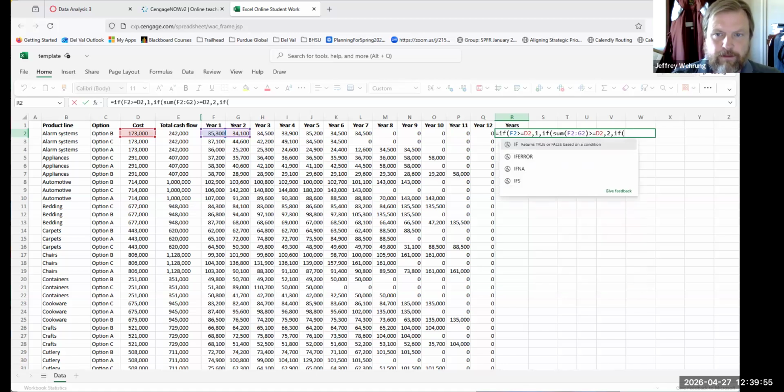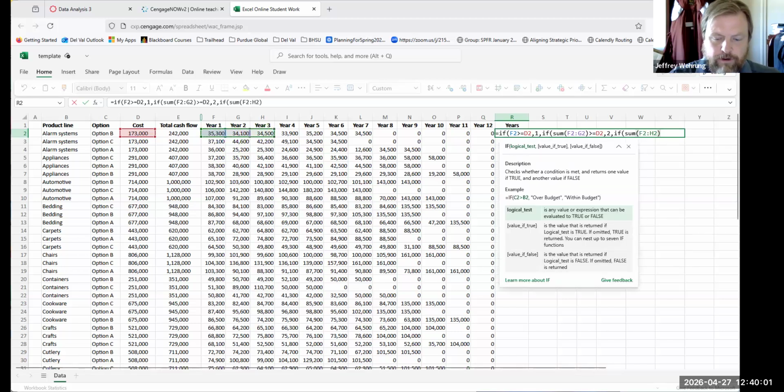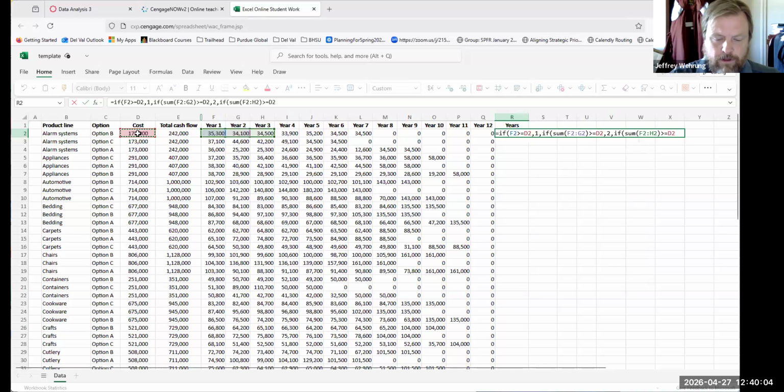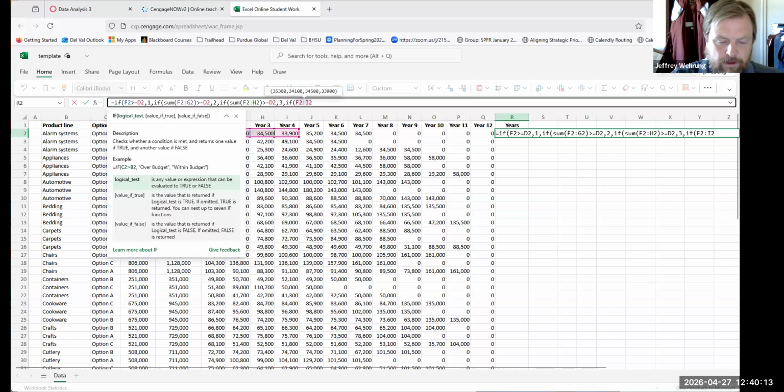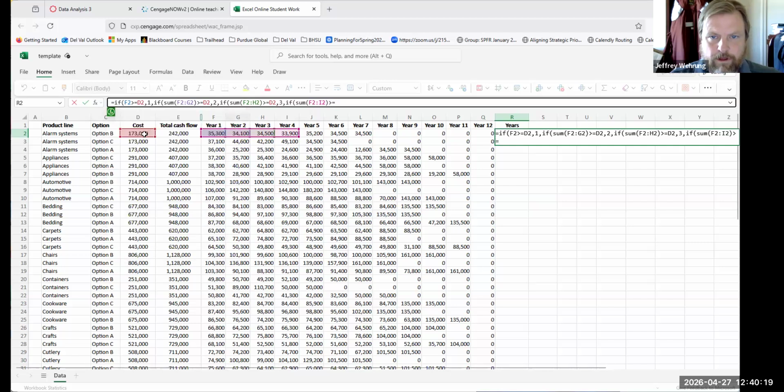Else, if the sum of year 1 through 3 is greater than or equal to our initial cost, then it's a 3. Else, if it's the sum of year 1 through 4 is greater than or equal to that cost, then it's a 4. Else, if it's the sum of year 1 through 5 is greater than or equal to our cost, comma, then it's a 5.